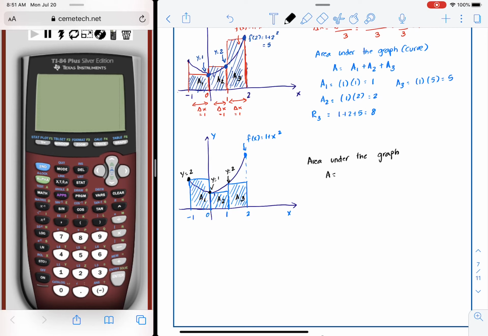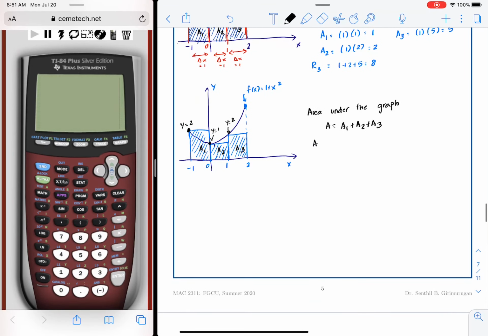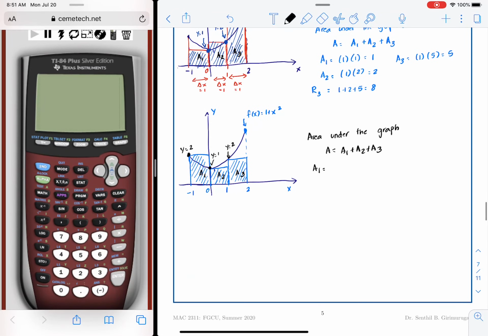So the area under the graph is A equals A1 plus A2 plus A3. And A1 would simply be equal to one times 2. 2 would be the height over there, which is 2.